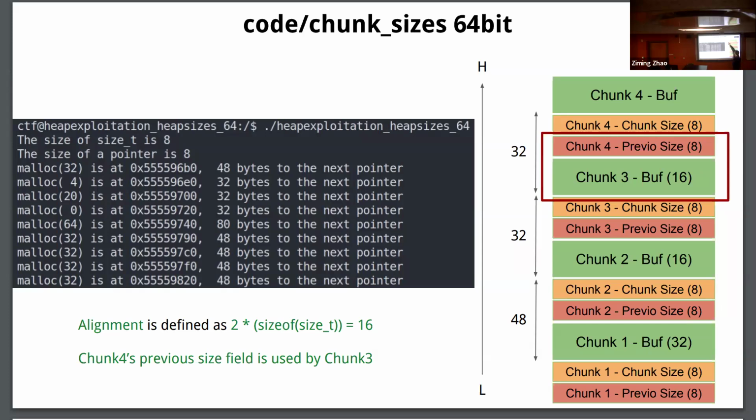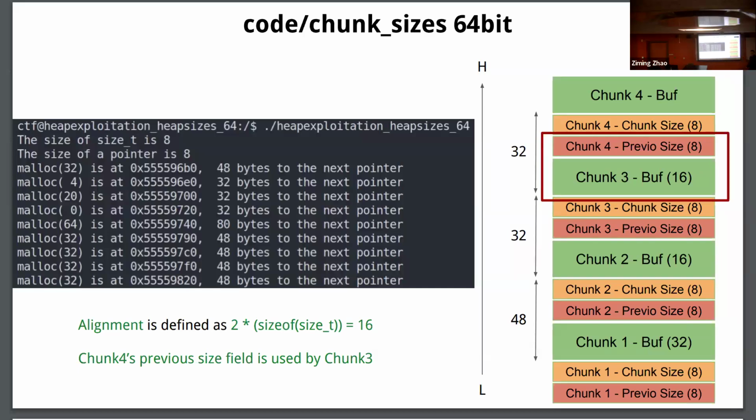From here to the next one is 32 bytes in total. The metadata for the next malloc chunk is already 16 bytes, which means the buffer gives us only 16 bytes. But we're asking for 20 bytes.